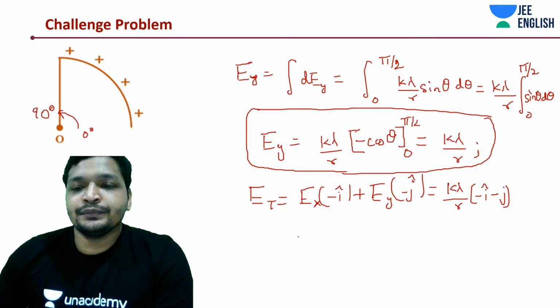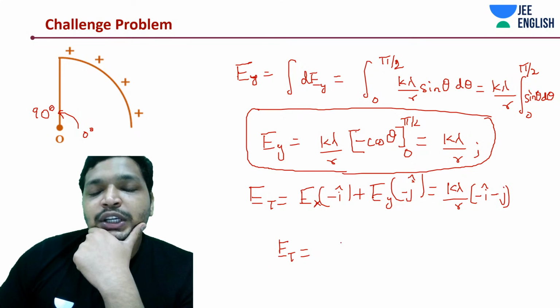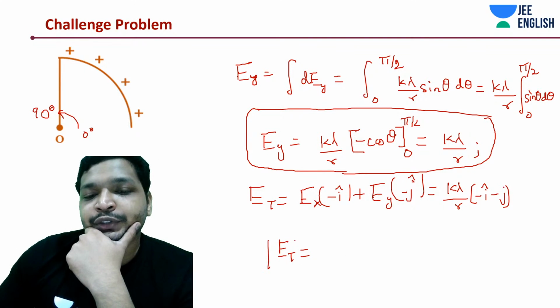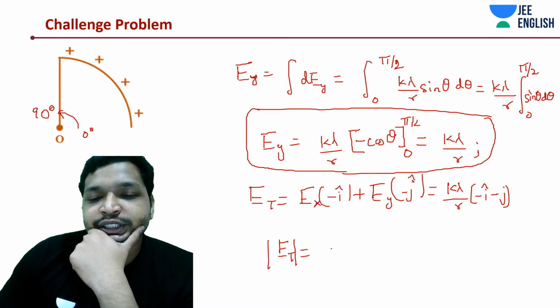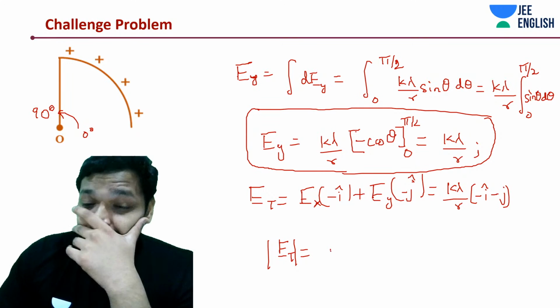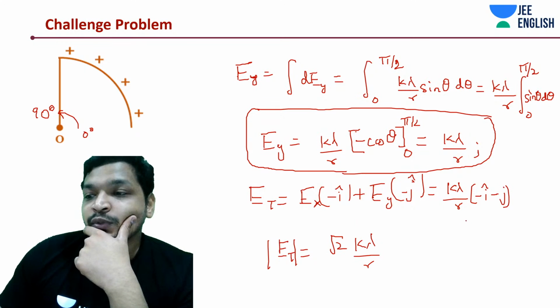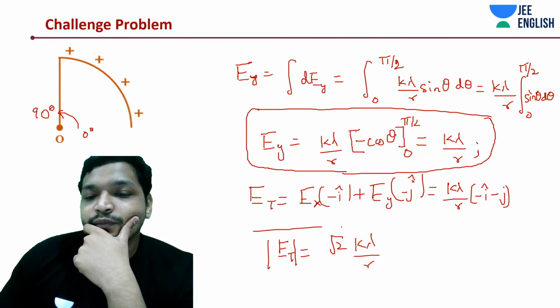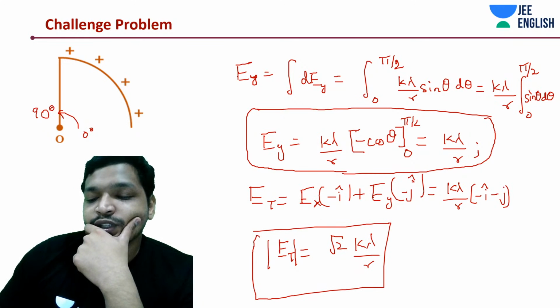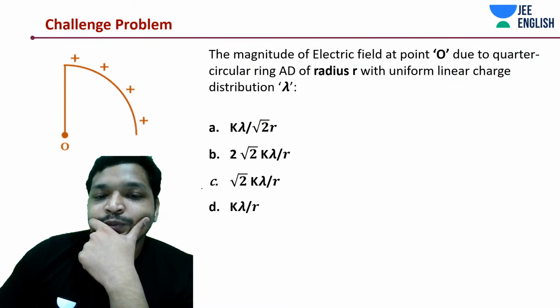Alright, simple. So your E total is how much? In terms of magnitude, you know the direction, it's simple. Root 2 k lambda by r, under root of 1 square plus 1 square. Simple, right guys? Really simple.